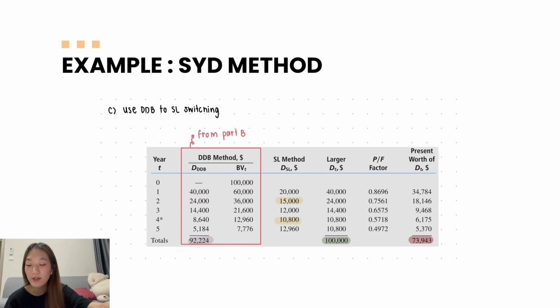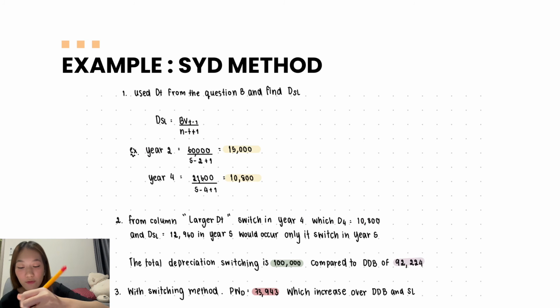Next is to use the DDB to SL switching method. First, use Dt from question B and find DSL. The DSL formula is given here, so we just take example years 2 and 4. We plug in the values here for year 2 and we get 15,000.